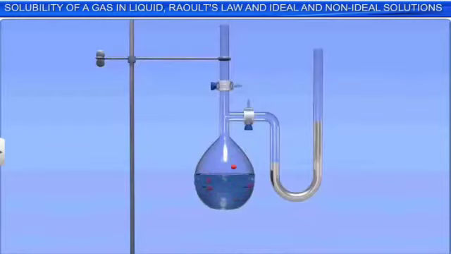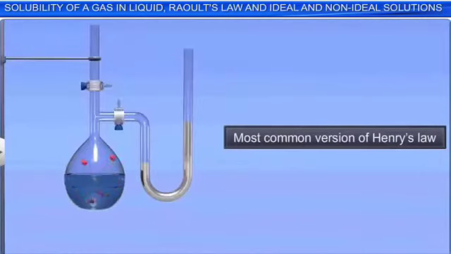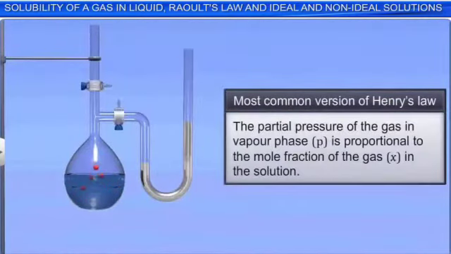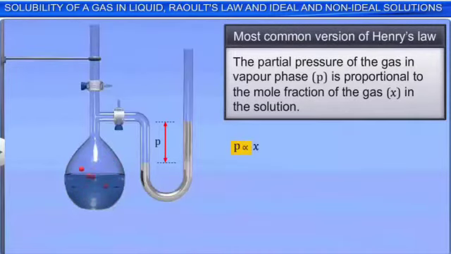However, the most commonly used version of Henry's law is: the partial pressure of a gas in vapor phase, P, is proportional to the mole fraction of the gas, X, in a solution. Mathematically, it can be represented as P ∝ X, or P = KHX, where KH is the Henry's law constant.